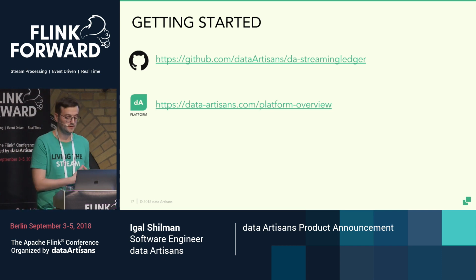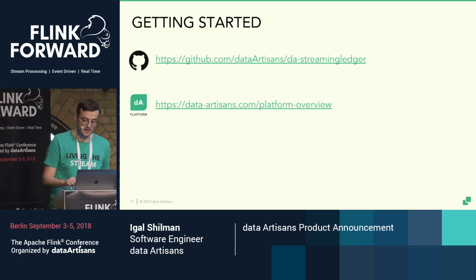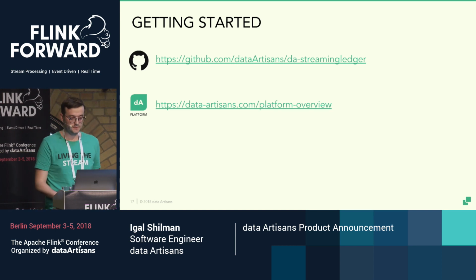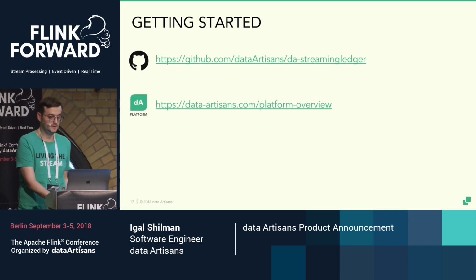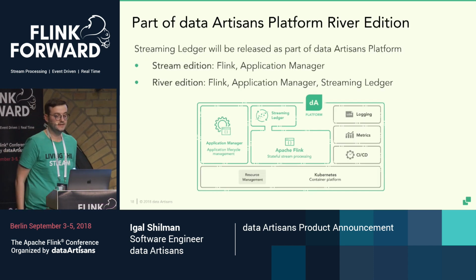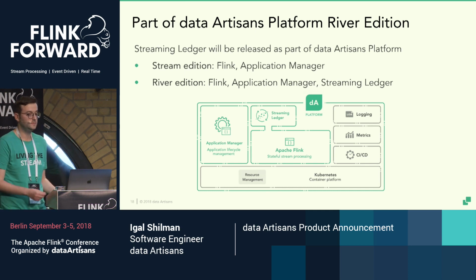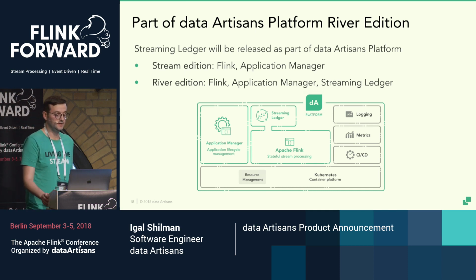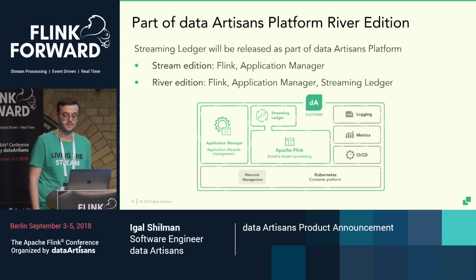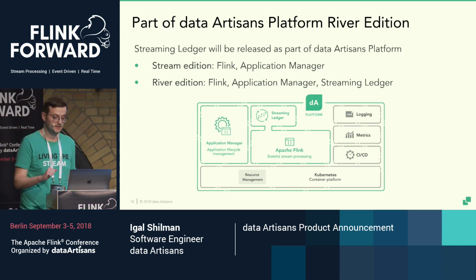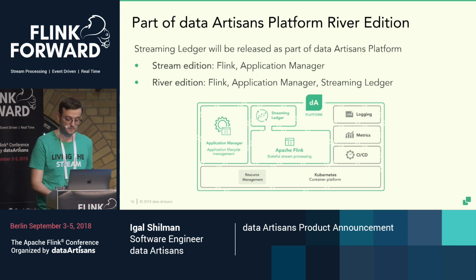So we have a serial runner that you can play with and experiment with, and we also have a parallel runner that is a part of the Data Artisans platform, the River edition, which also has Flink, the application manager, and the streaming ledger, the parallel runner.